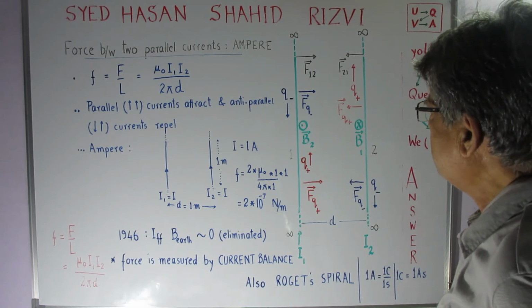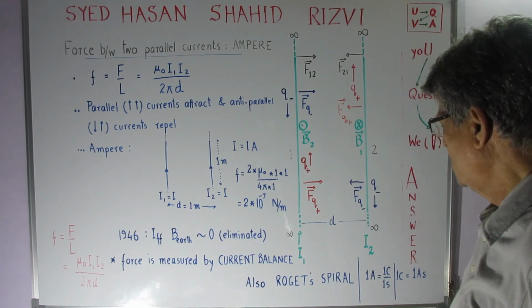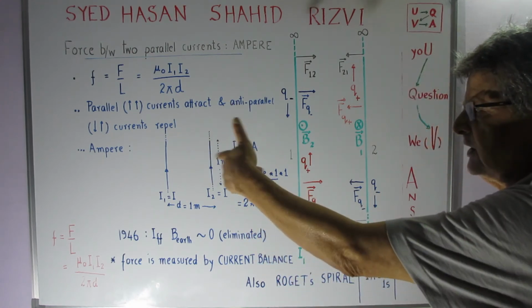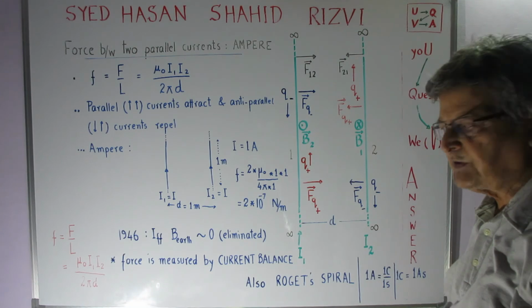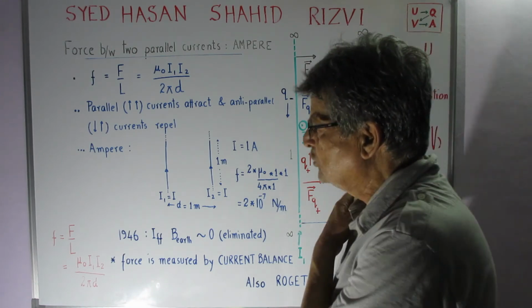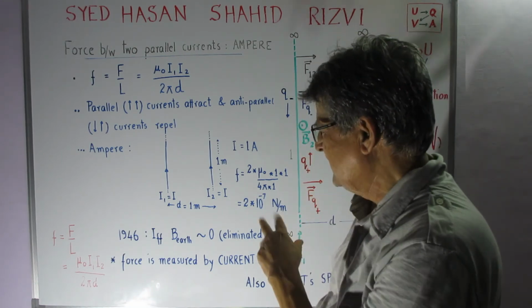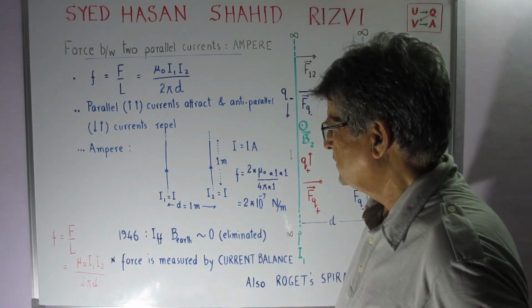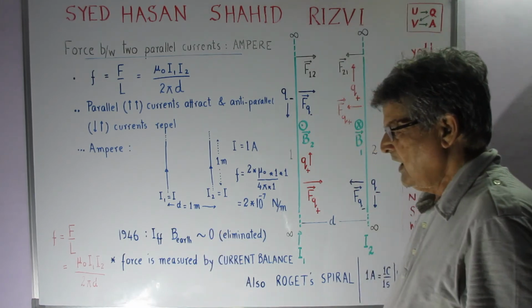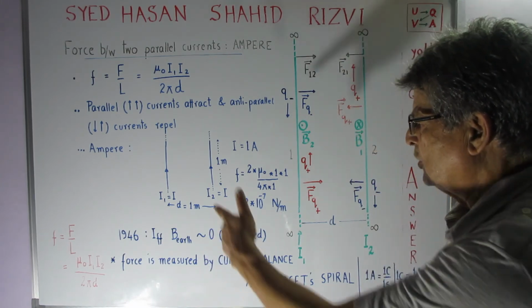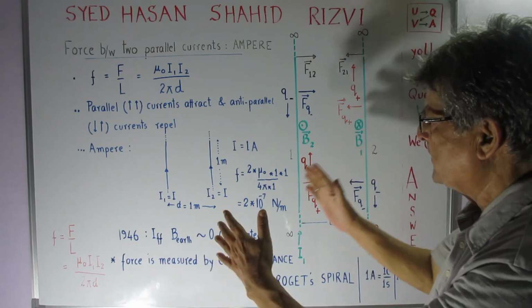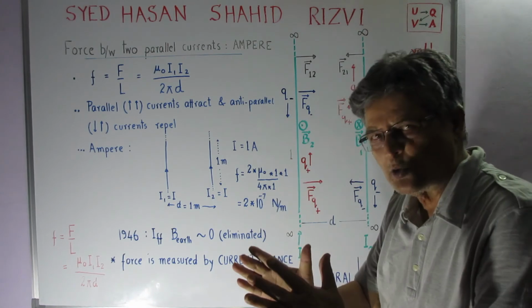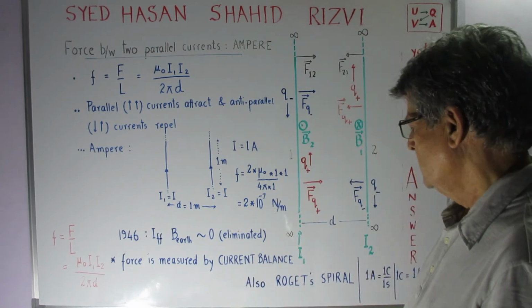Just a little bit of practice will land you in a very happy situation. Then you will not have to use the left hand rule, because the use of the left hand rule is a little cumbersome. Because we are dealing in quantities which are vector quantities, we have to resort to rules like the left hand rule or the open palm rule, which I told you is the thappa rule.